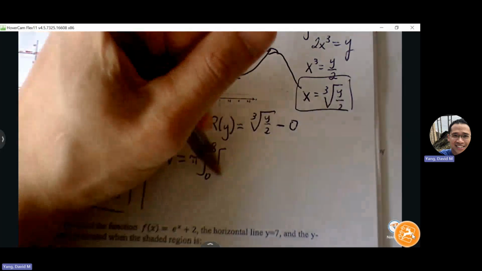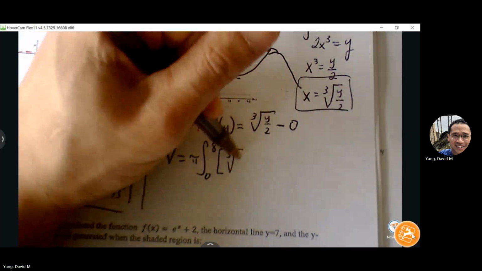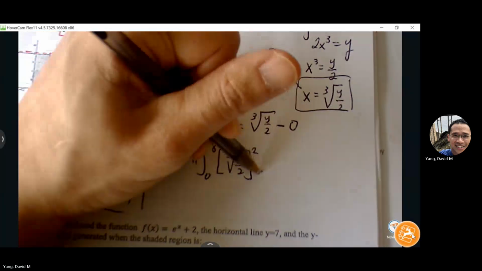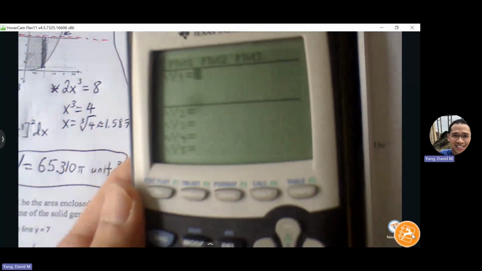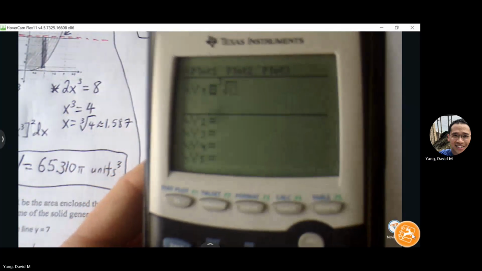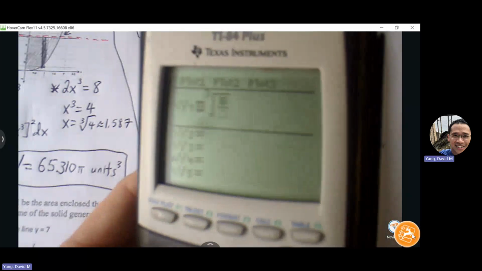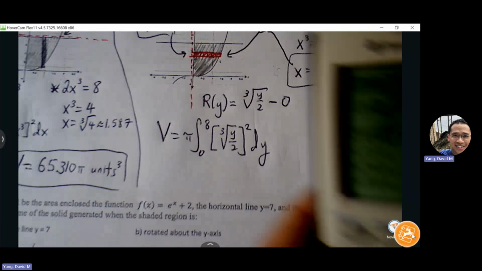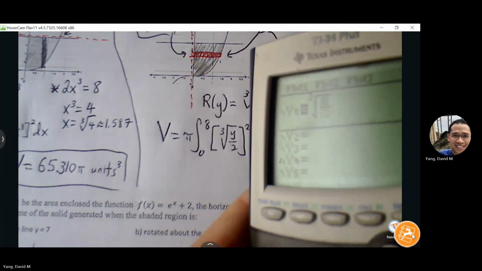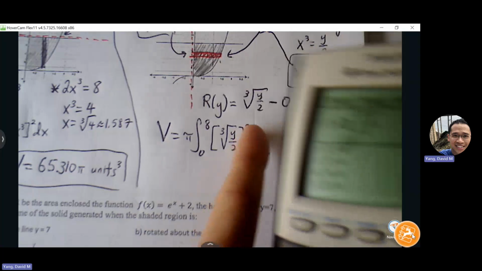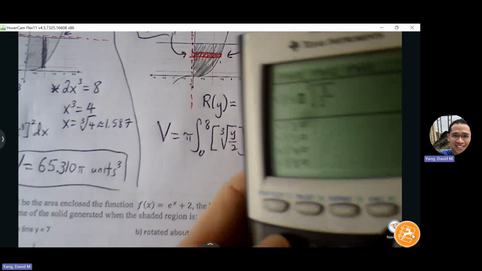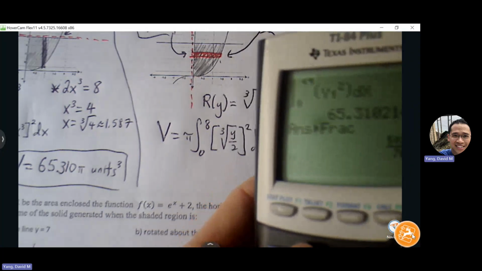Big radius squared. So your paper is showing y, but your calculator will show x. So I'm going to rewrite my y1. I'll do math 4. I'll do alpha y equals to get that nice math print to show up. And I'll do what? Cube root of what in the calculator? X over 2. Yeah. I'm leaving that squared out. I'm just writing my radius, and then I'm saving my squared for now.